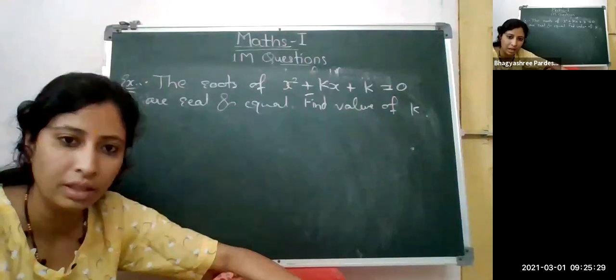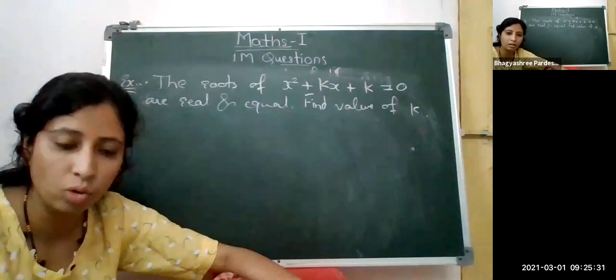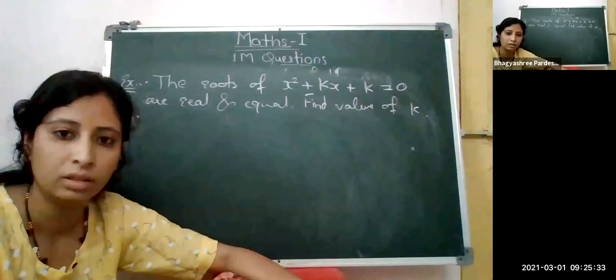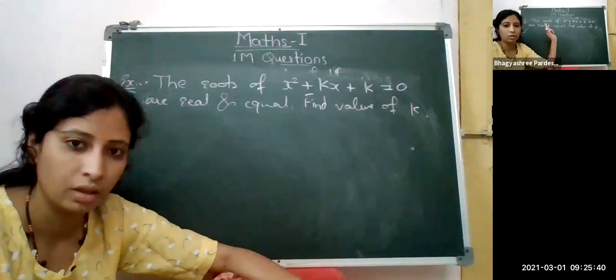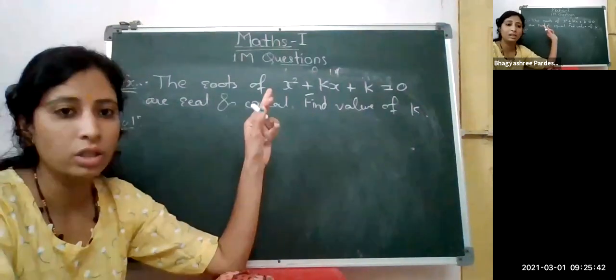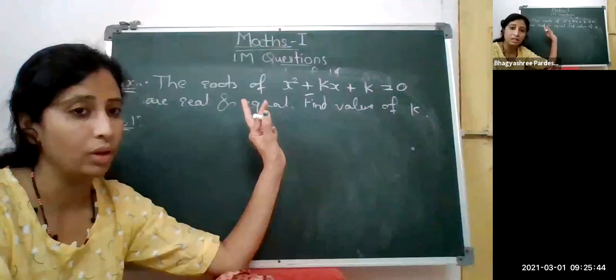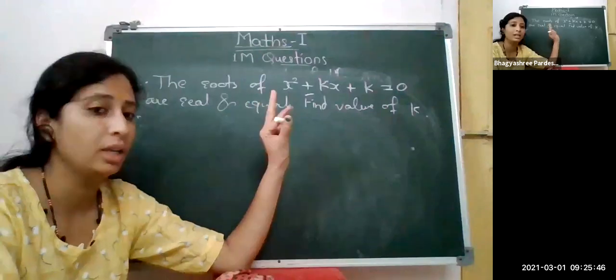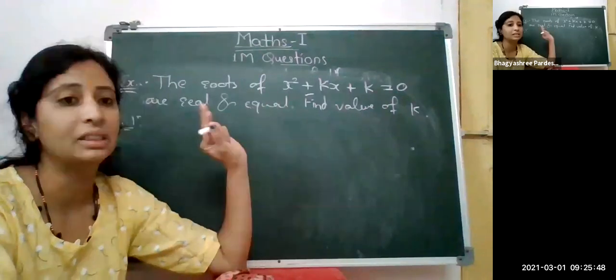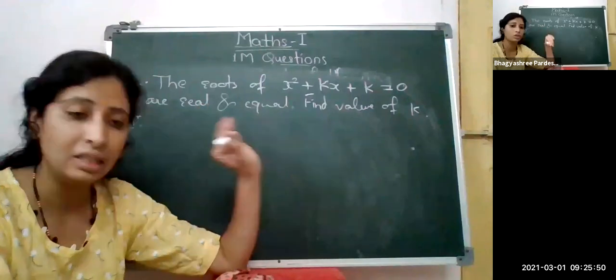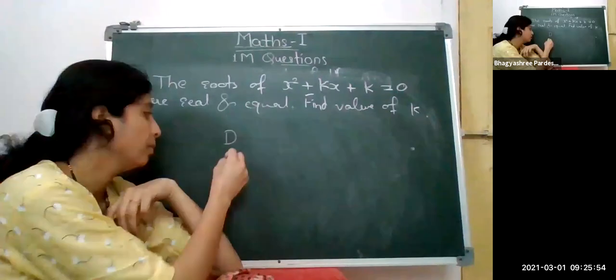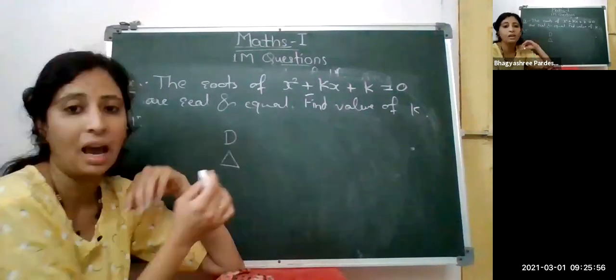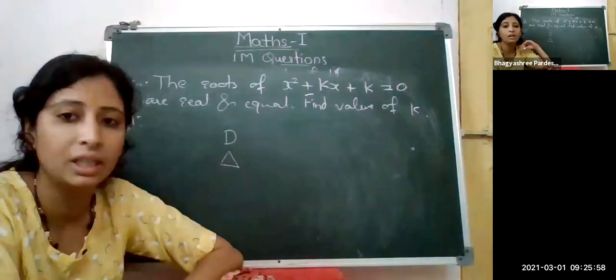Anyone else other than Zaki? Roots are real and equal. I am saying that since the roots are real and equal are given to us, we require the discriminant here. Discriminant, or sometimes it is also denoted by D, or sometimes it is denoted by delta. So just tell me what is the value of discriminant here. What is discriminant?